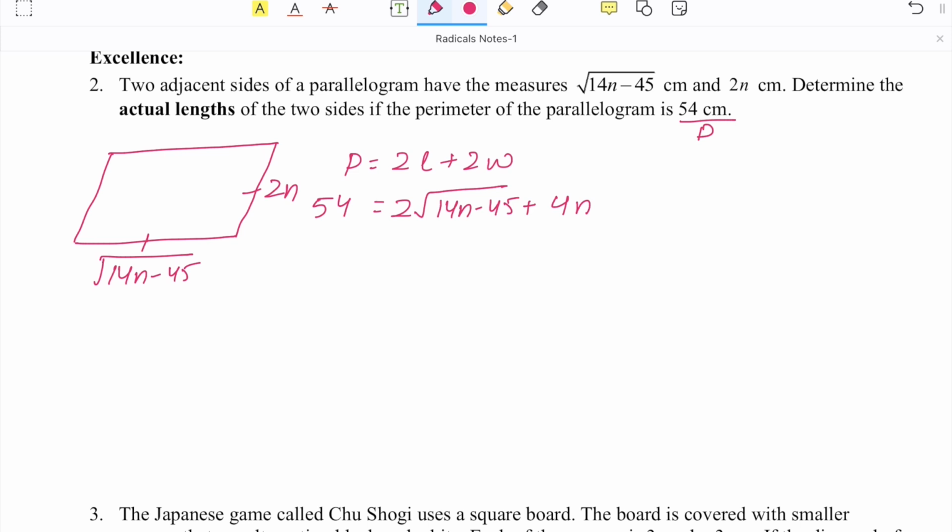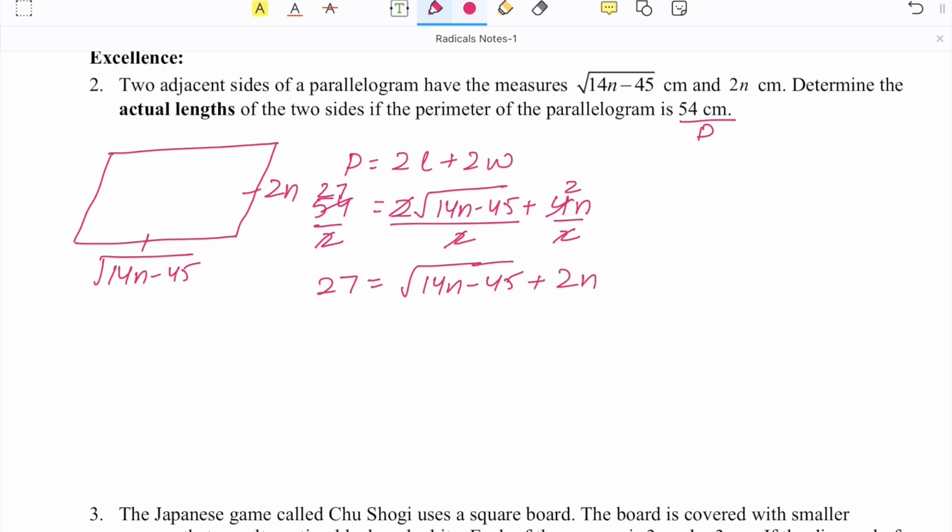I can divide all these numbers by 2: 2 divided by 2 is 1, 4 divided by 2 is 2, 54 divided by 2 is 27. So 27 is equal to √(14n − 45) plus 2n.